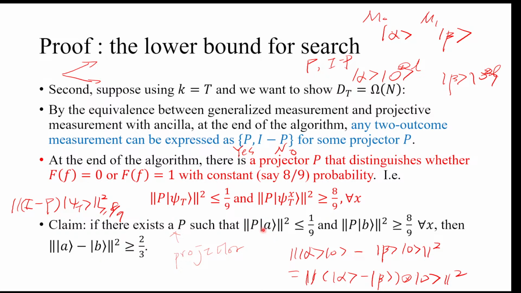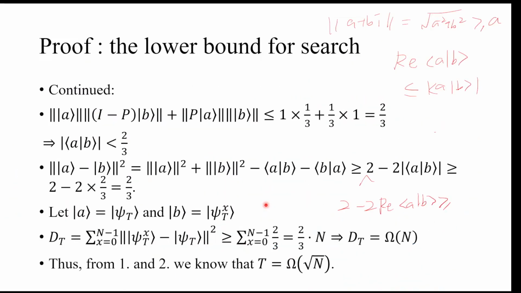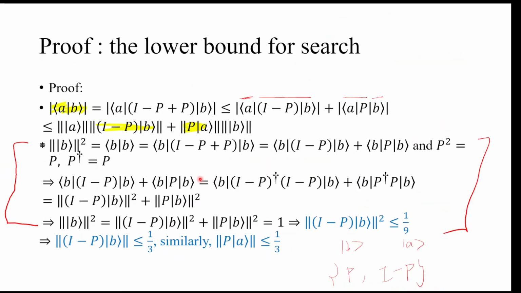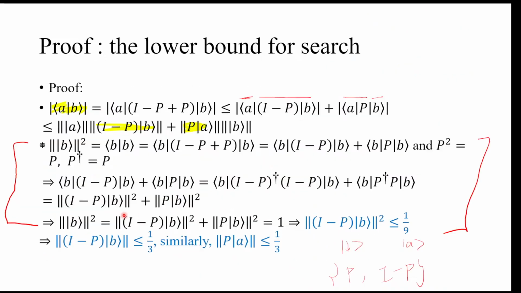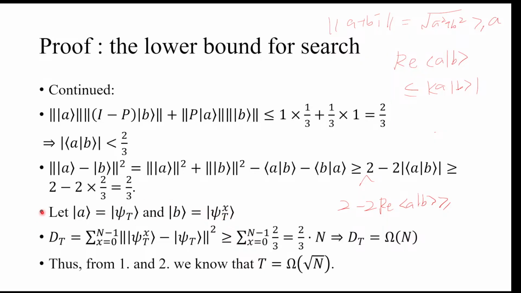We want A to be psi t and B to be psi xt, and we see that if you have any p that distinguishes A and B in this way, then psi t and psi xt must be pretty far apart, and this is true for all x. So each one of them is big, and if you sum over them, it should be at least n times 2/3. So here is our proof that our D t is omega of n.